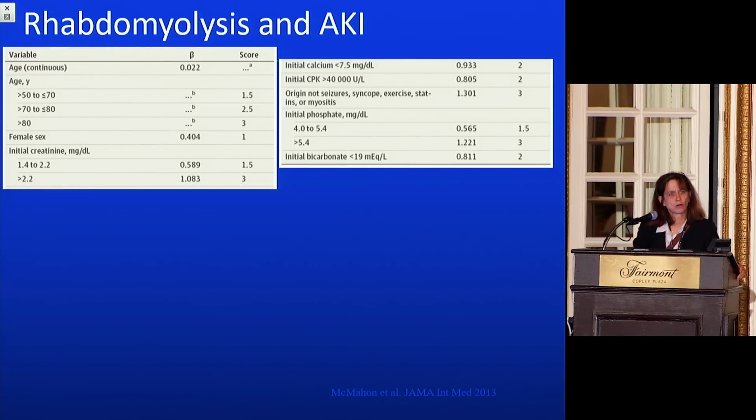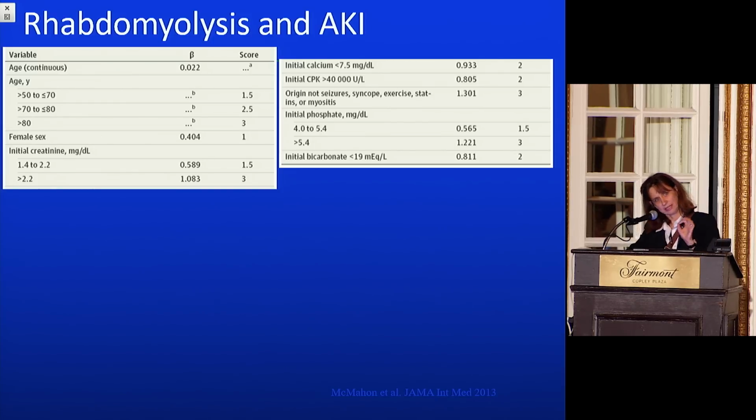There is a risk score that was developed by my colleagues at the Brigham and published a few years ago. This was a very nice study that looked at a cohort from Mass General and Brigham here and identified risk factors for AKI in the setting of rhabdomyolysis.